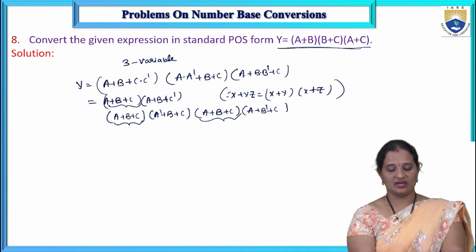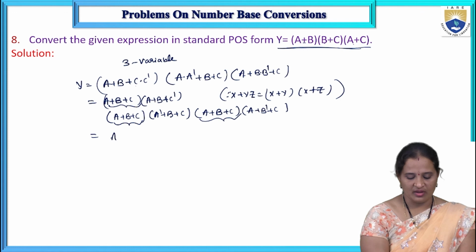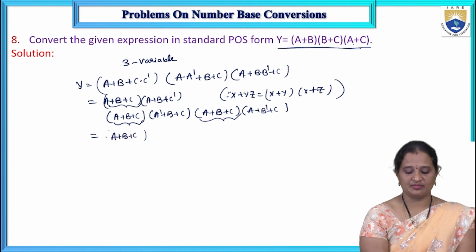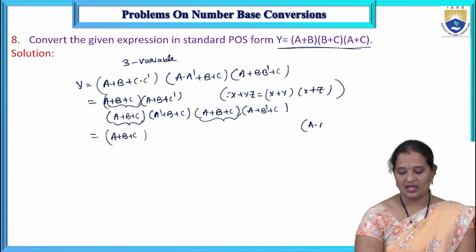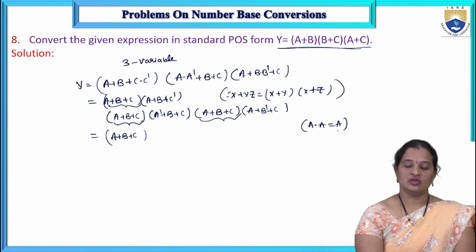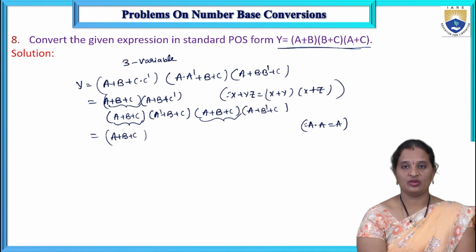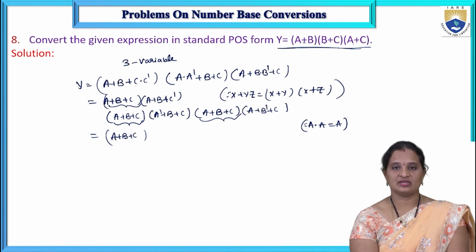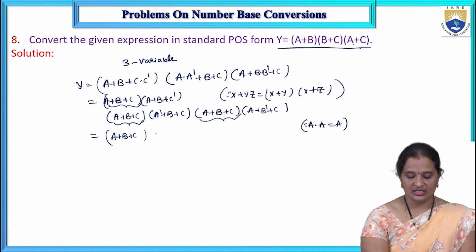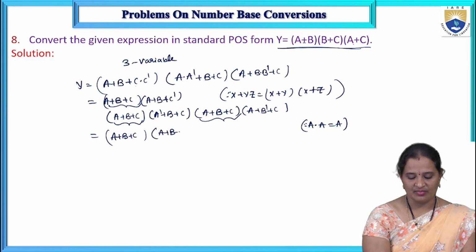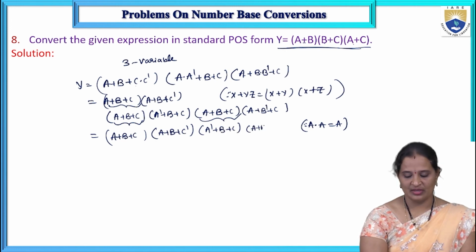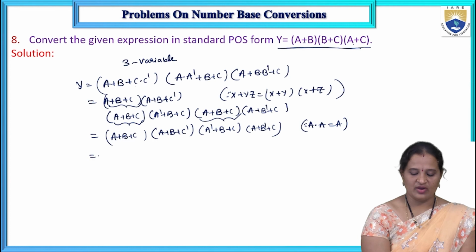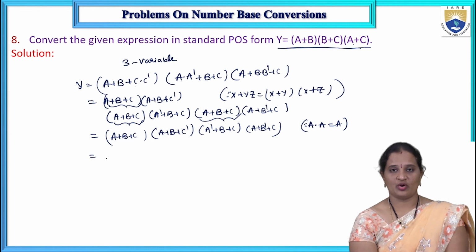A plus B plus C is repeated 3 times, so I'm considering it only once, because we know that A dot A is equal to A. So A plus B plus C complement, then A complement plus B plus C, and then A plus B complement plus C. So finally we can also write it as a product of.